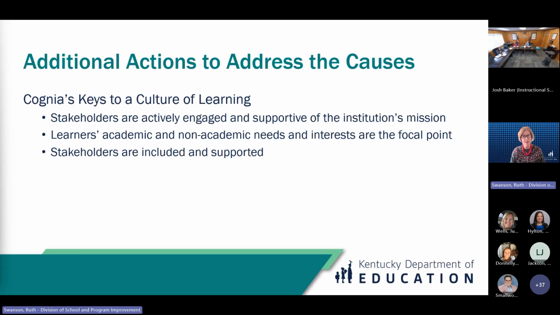So again, being TSI, we want to think about this from the lens of our subgroup stakeholders. If EL is our targeted subgroup, how are we engaging and supporting the parents and the families? If students with disabilities is our subgroup, how are we engaging that community, those families in this improvement process and in the learning process? Who are the stakeholders and how are they supported and involved?